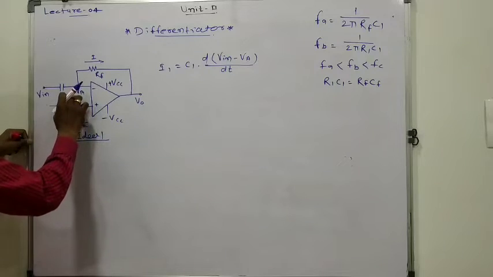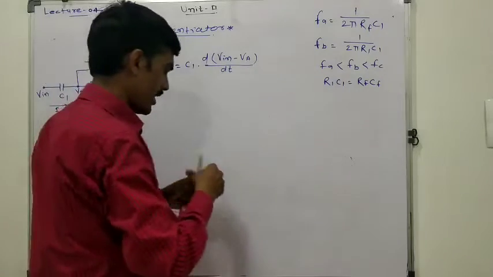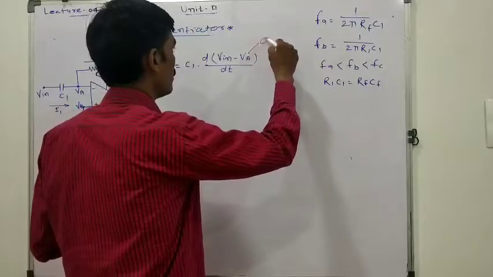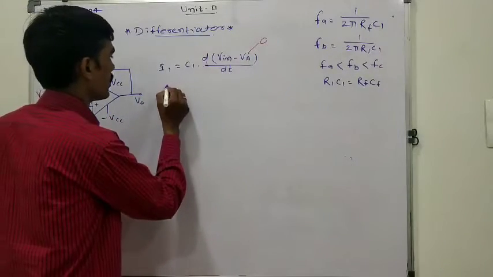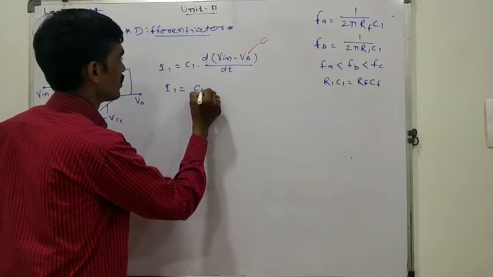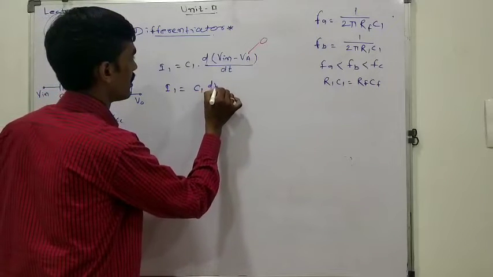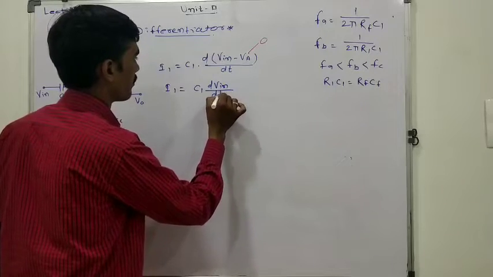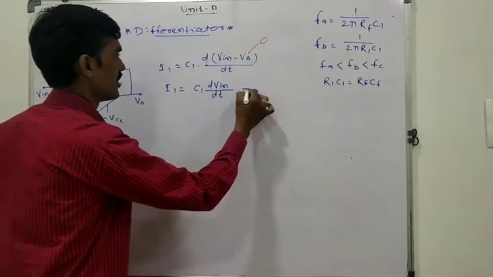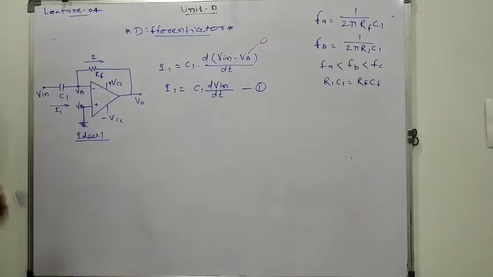So Va is equal to Vb, and we can directly comment that this voltage must be equal to 0. So we can write I1 is equal to C1 times the differentiation of the input voltage with respect to time. This is equation 1.